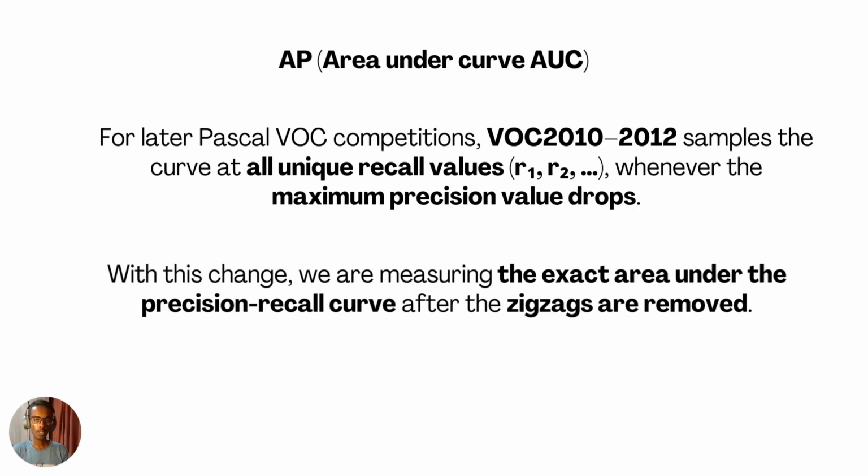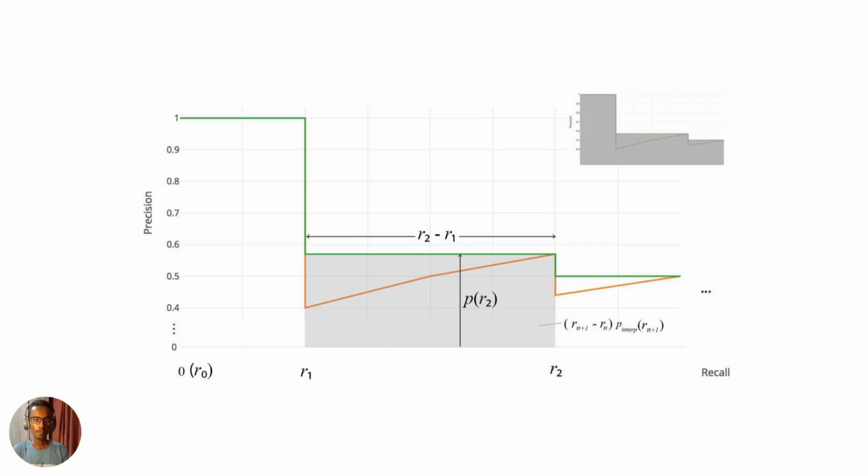So instead of just considering those 11 points, it considers all of the recall values between 0 and 1. With this change, we are measuring the exact area under the precision-recall curve, after the zigzags are removed.